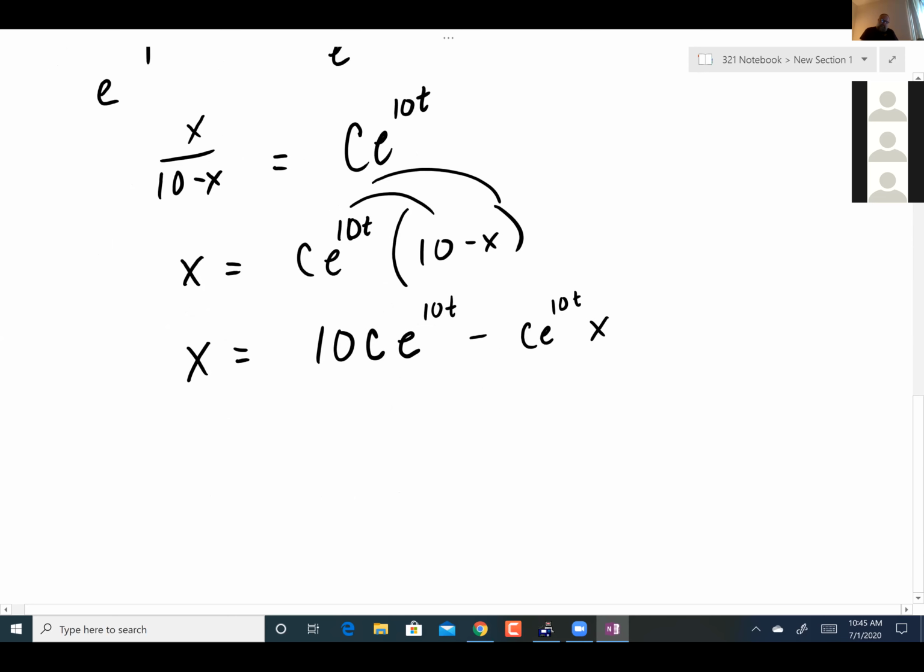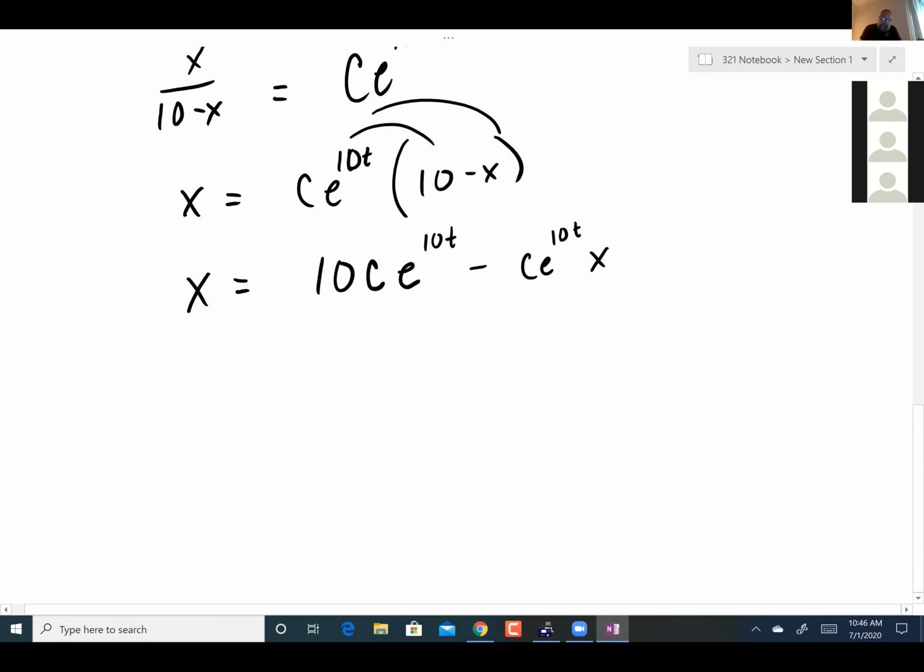Some people right now would say, what about that c right there? 10 times c is technically another c. I would agree with you. However, for the purposes of what I'm doing, I wouldn't probably do that this time, but it wouldn't hurt you if you did either necessarily. The reason I don't want that is because now there's a c here and a c here. Those are the same c's. But if you took 10 times this c and called it the same, it's not the same c anymore. You with me? So I don't want that to happen this time.